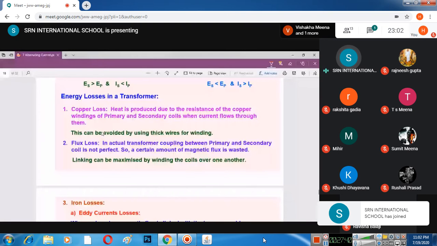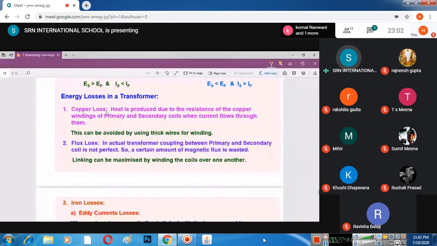This copper loss is the loss which is associated with the copper winding of the transformer. Copper winding means the copper wire that we are using. If a current is flowing through the copper wire, then heat will be generated. That heat will create a loss in the transformer. That loss is known as the copper loss. This energy loss due to heating of the copper wire is known as the copper loss of the transformer.